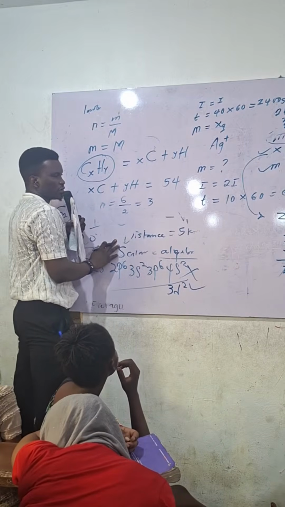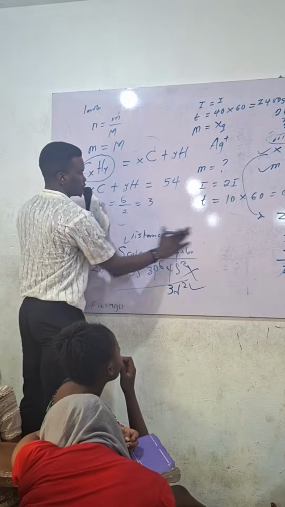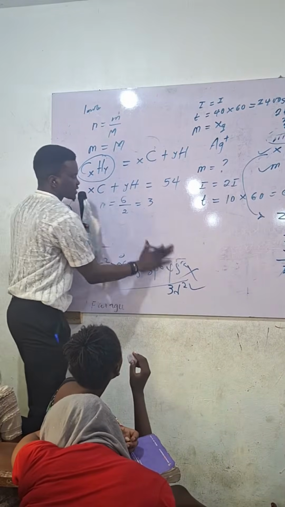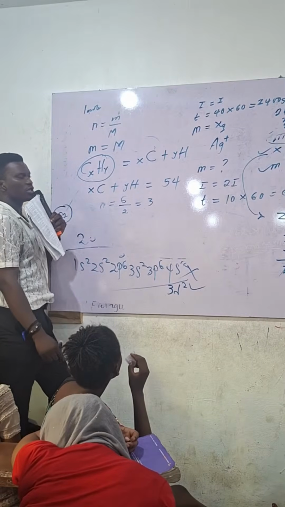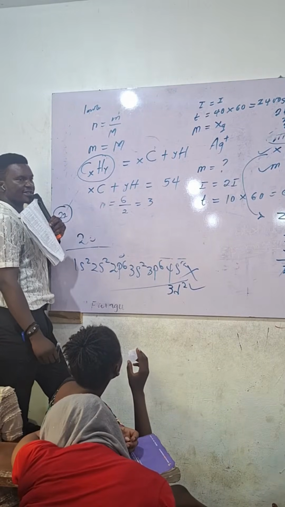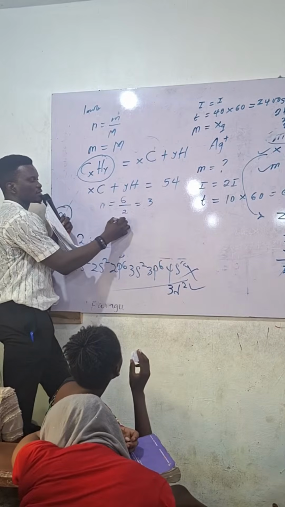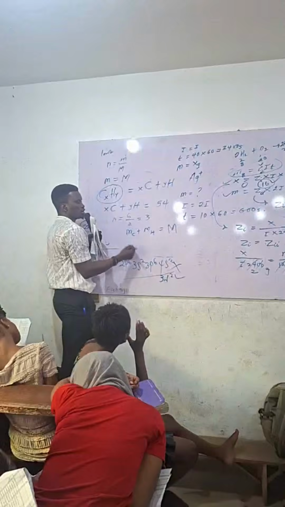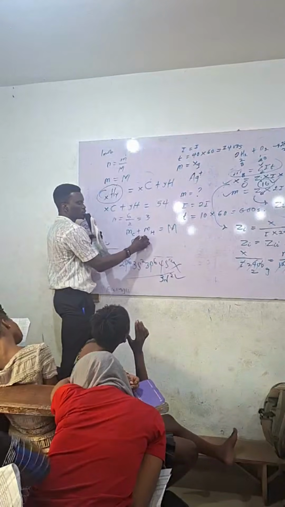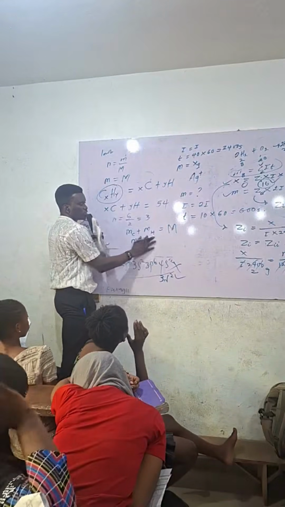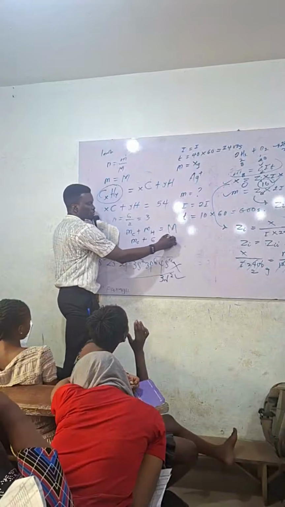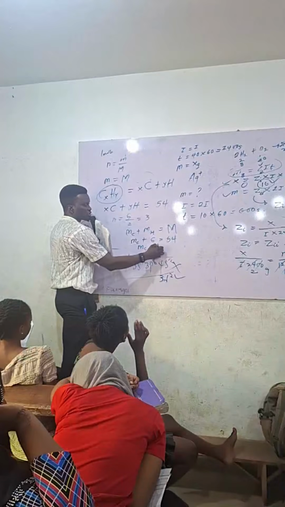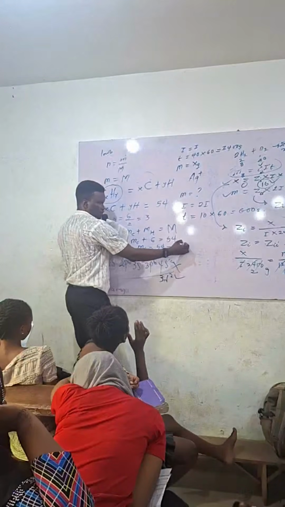That would be 3 moles, and the mass of hydrogen is 6 g. So the mass of carbon plus the mass of hydrogen, 6, must be equal to 54. Do you agree? So the mass of carbon is 54 minus 6.